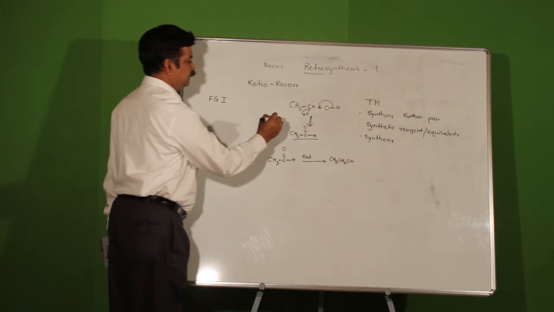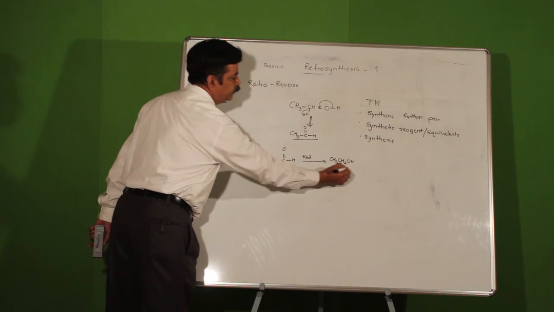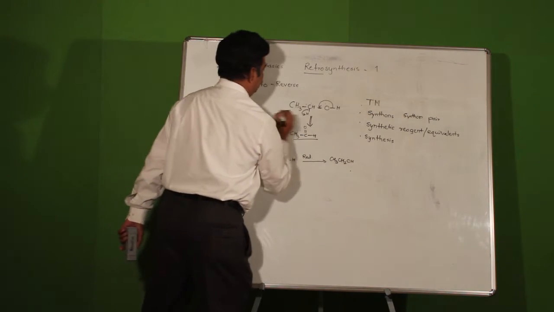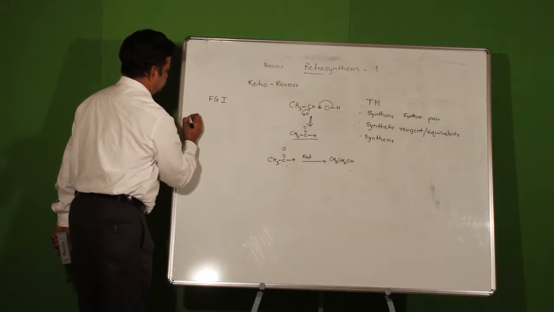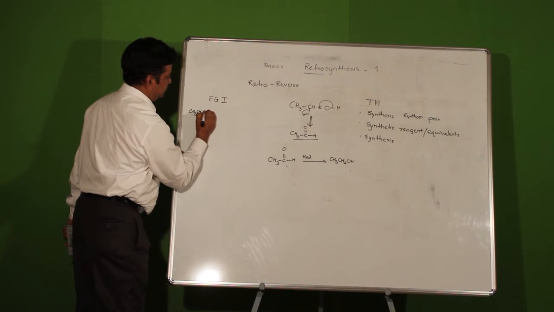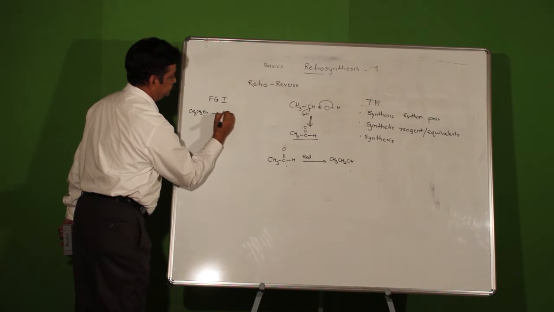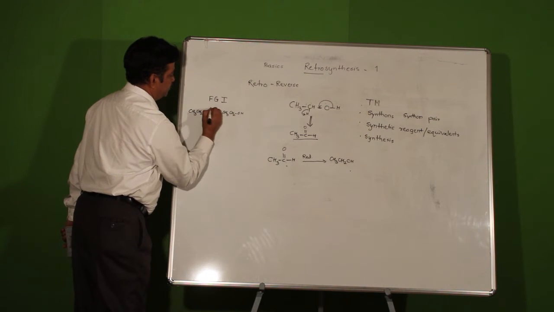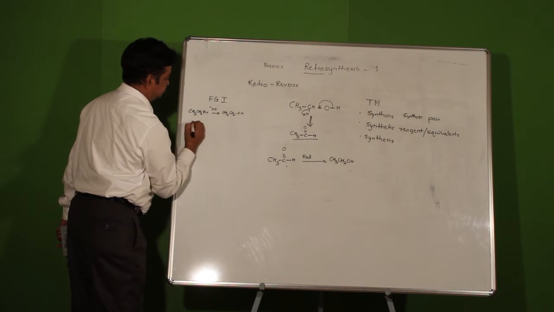This is again a functional group interconversion, and the first one was say CH3CH2Br to CH3CH2OH by hydrolysis with OH minus.